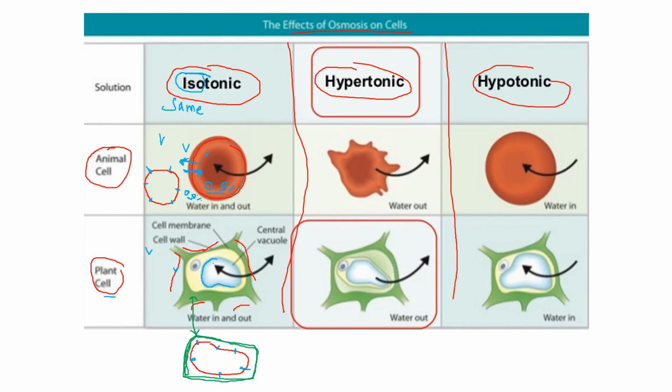But if we're talking about the plant cell, again, water in the plant cell is located in a special organelle called the central vacuole in here. When we put this plant cell inside of the isotonic solution, the concentration in this vacuole will be 0.9% of the salt, and the concentration of the salt outside of the plant cell will be the same, 0.9% of the salt, because it's an isotonic solution.